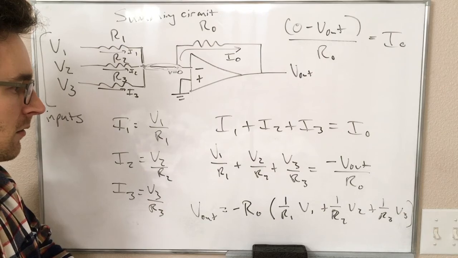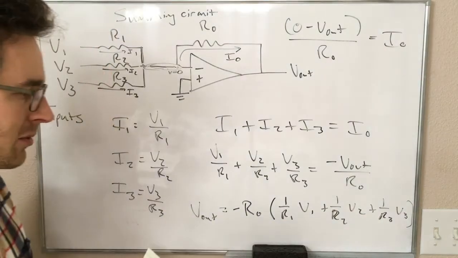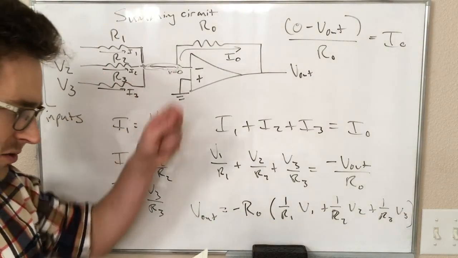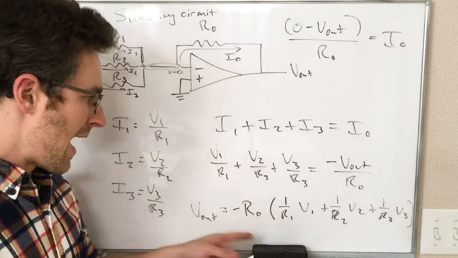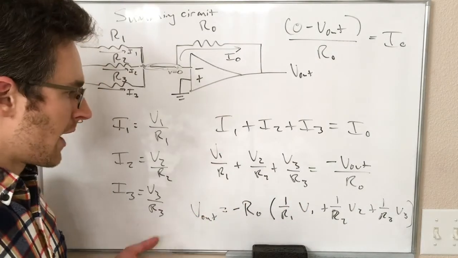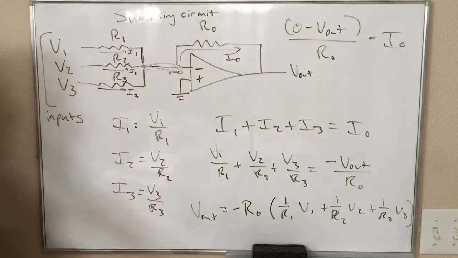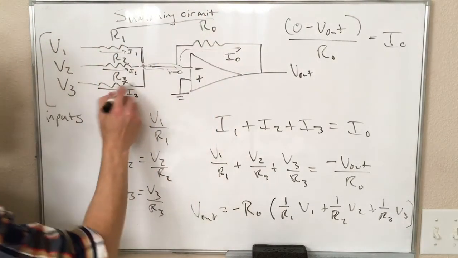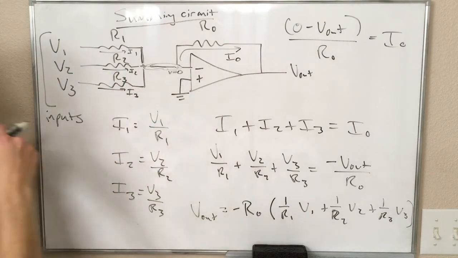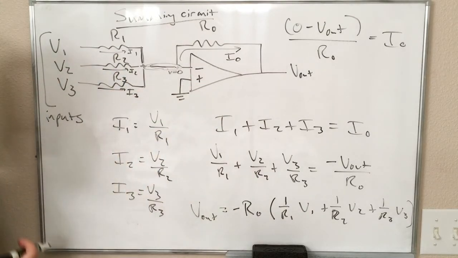We can weight these voltages differently, so maybe one of them is more important than the others, so you change the resistor value so it gets included more, kind of a weighted sum. Anyway, summing circuits can be useful for combining signals into one signal, and there are reasons to do that in audio systems if you're adding sounds together, or in scientific systems if you're combining information from different sensors.